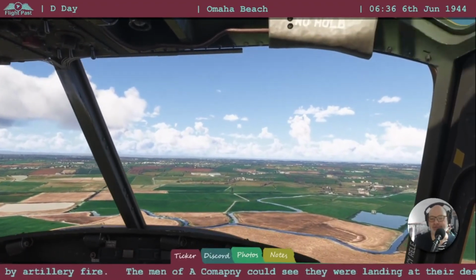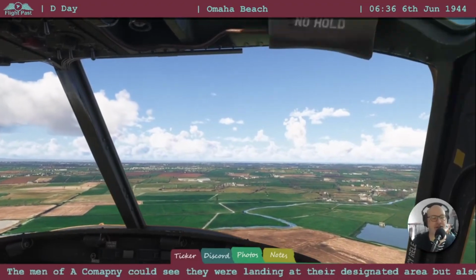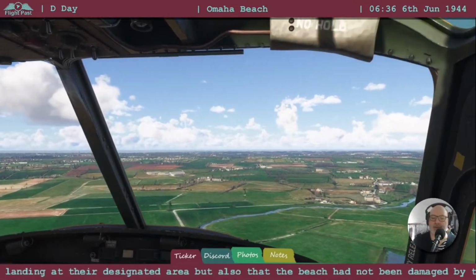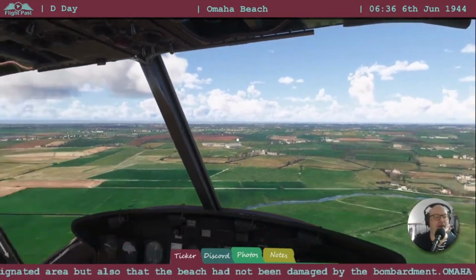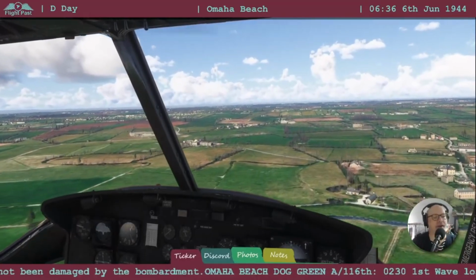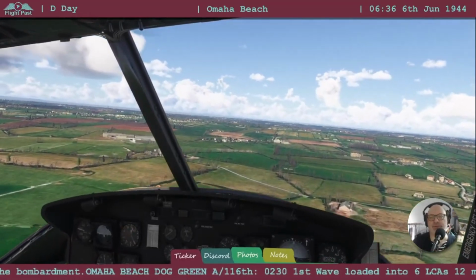And it's interesting to note that the Royal Engineers team had been surveying the beaches, the sand and stuff like that, prior to D-Day to assess whether the beach could support tanks.